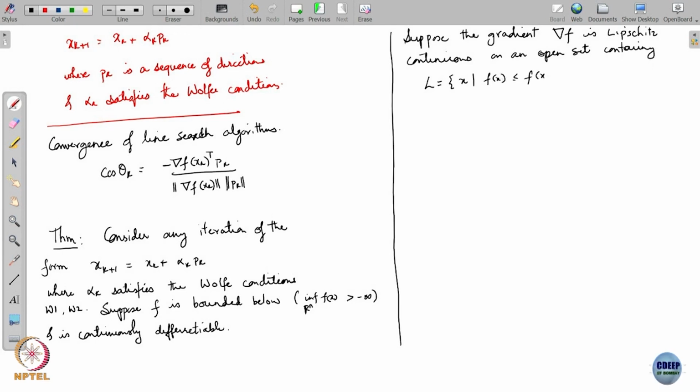This set is called the level set. It is the set of x's for which f(x) takes a value less than or equal to f(x_0), where x_0 is your starting or initial iterate.